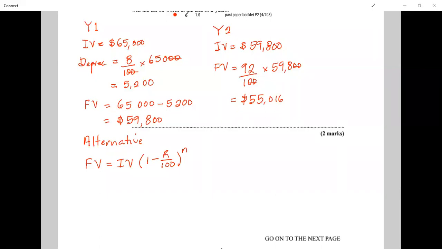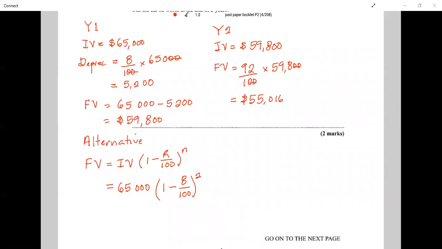So the initial value here would be the original value. R would be the rate of depreciation, and the N would be the number of years. So the initial value was $65,000. This is 1 minus 8, which is the percentage depreciation, over 100 raised to the power 2.